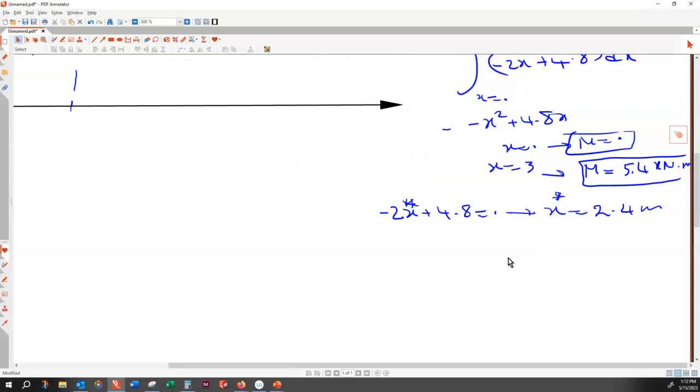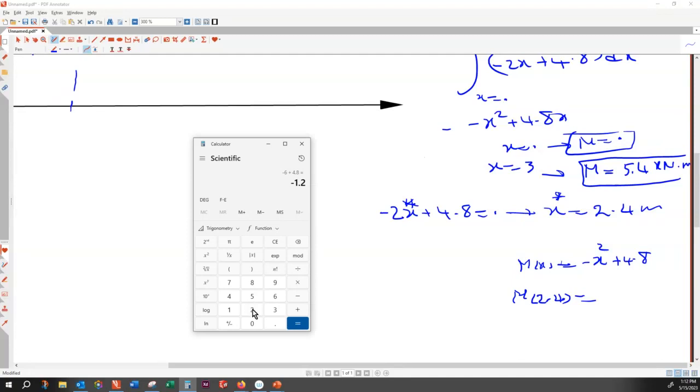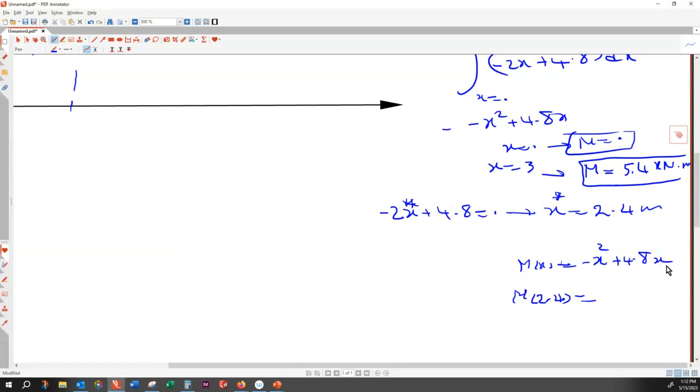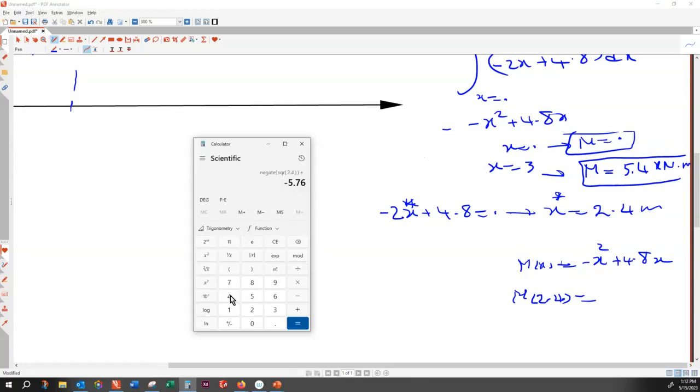By integrating, M of x is equal to minus x squared plus 4.8x. So M at this x star, which is 2.4, is equal to minus 2.4 squared plus 4.8 multiplied by 2.4.